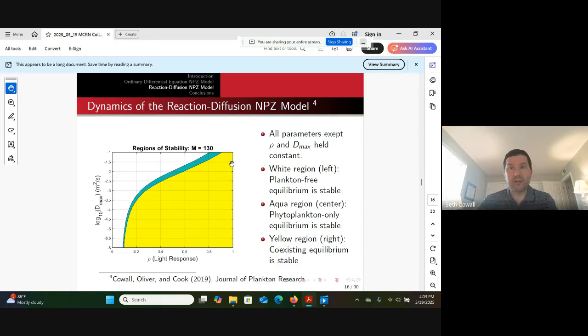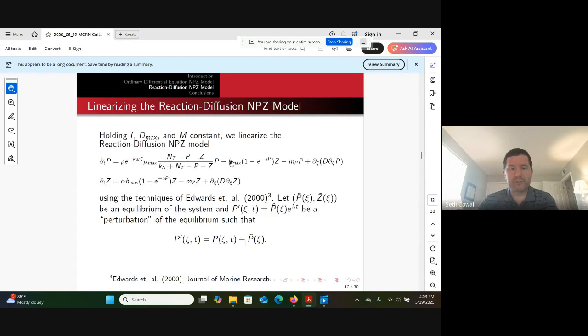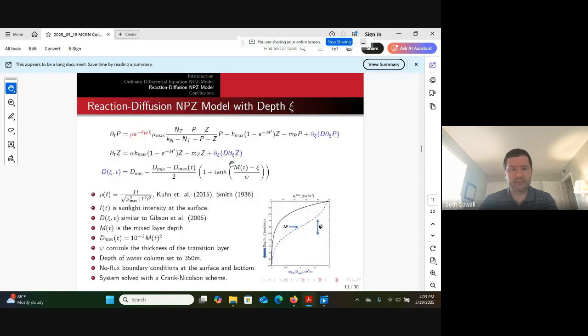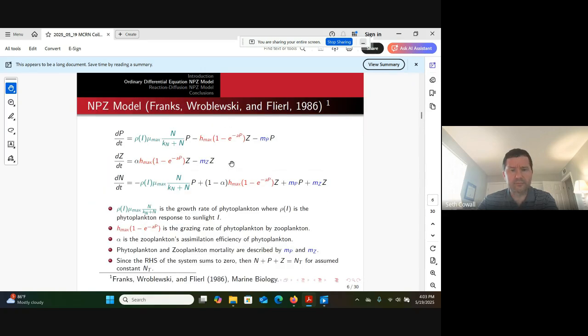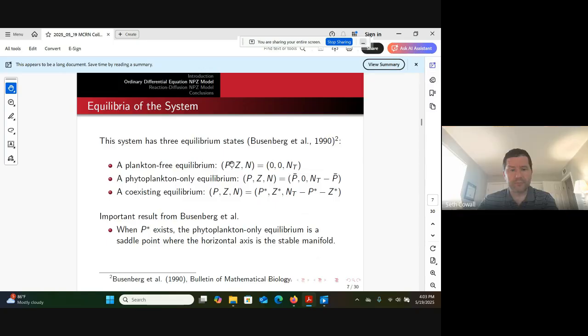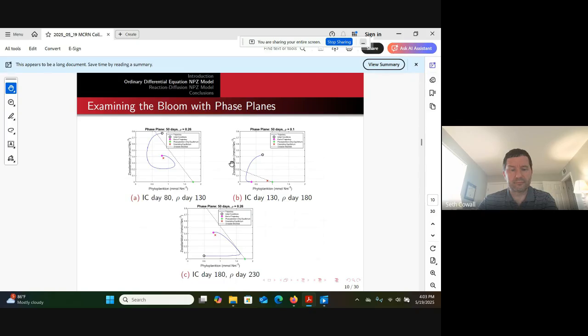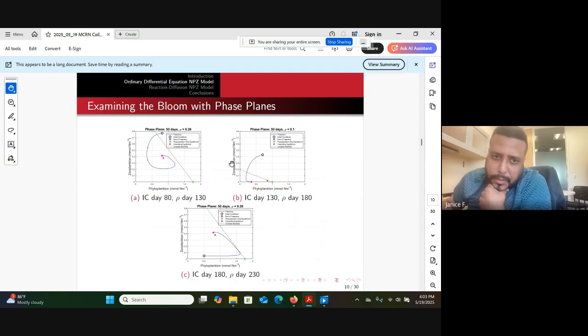No, it is not dimensionless. Okay. So when you plot them, that means your axes have units.